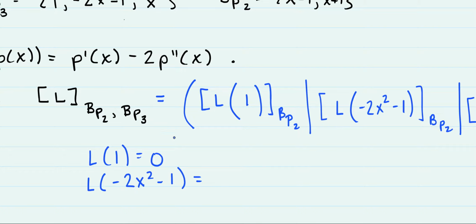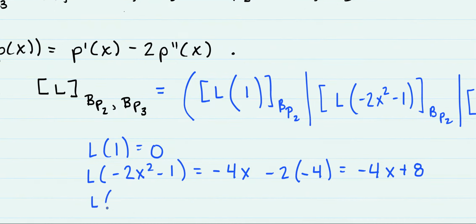Okay, so we take the first derivative, which is negative 4x, and then we subtract 2 times the second derivative, which is just negative 4. So we get negative 4x plus 8. Okay, and then the last one is to plug in x, and that's just 1.